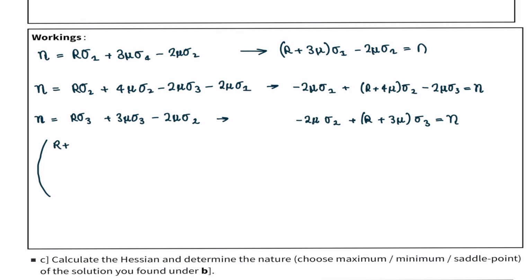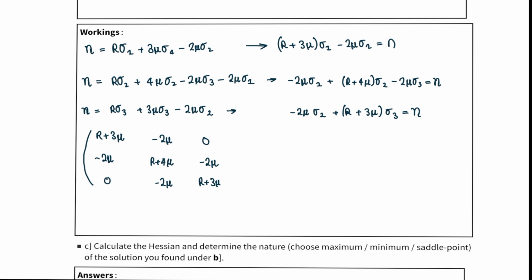So we have r plus 3 mu, minus 2 mu, and then 0 because there's no sigma 3 term, and then minus 2 mu, r plus 4 mu, and minus 2 mu, and then 0, minus 2 mu, and r plus 3 mu.